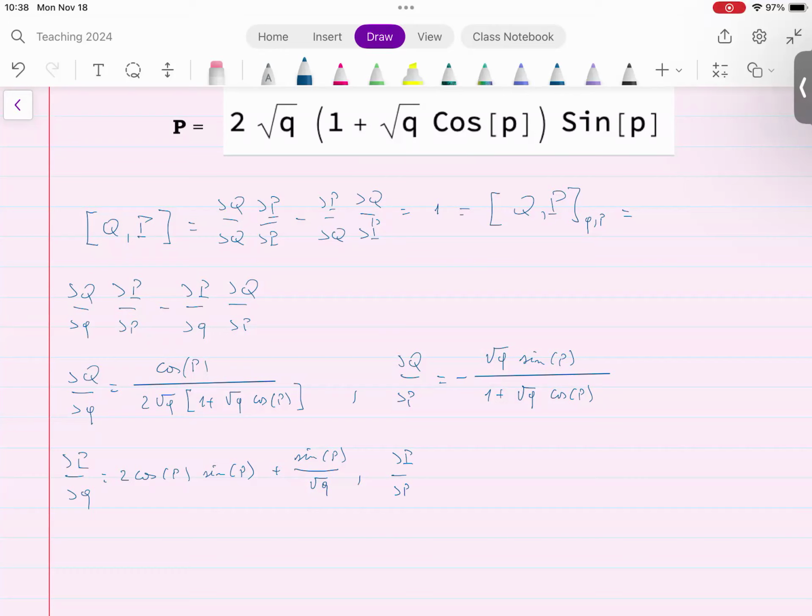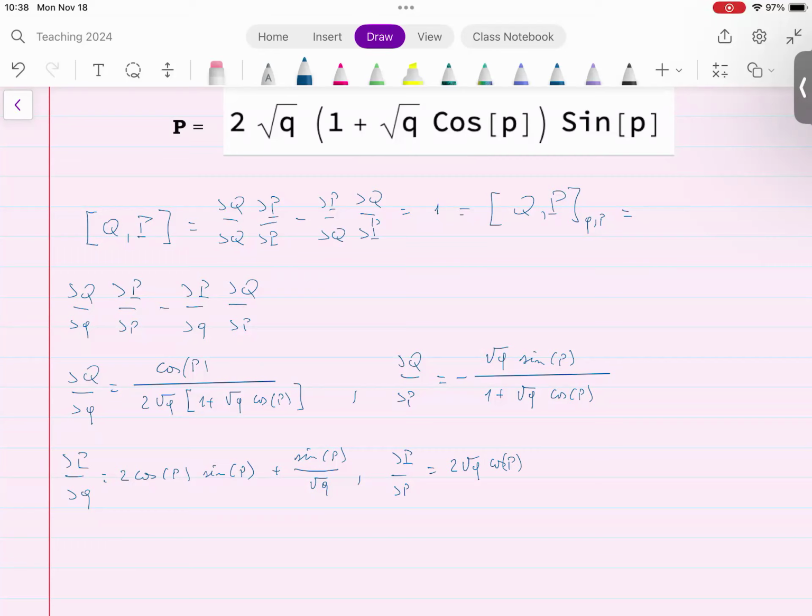And the derivative of big P with respect to little p, I have the derivative of this product. The piece that only contains square root of q does matter because it's got a sign, multiplies the sine of p. So I can do it piece by piece. I have 2 square root of q times cosine of p, sine of little p. And then I have 2q sine of p cosine of p, which is the sine of 2p.